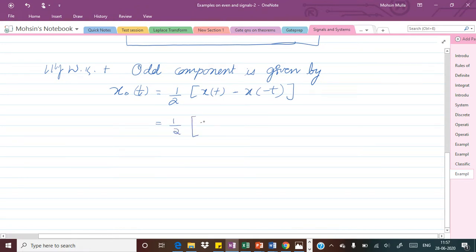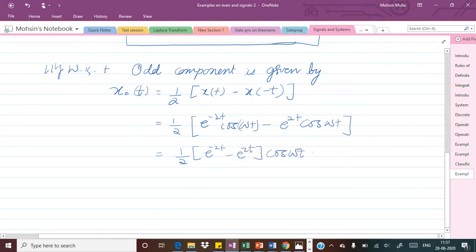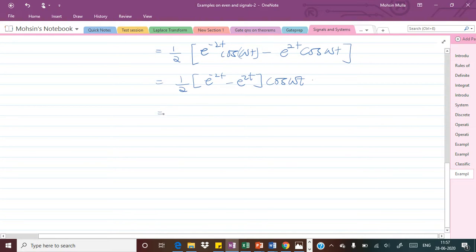X of t is given as e raised to minus 2t cos omega t, then minus e raised to plus 2t cos omega t. So 1 divided by 2 into e raised to minus 2t minus e raised to 2t, into cos omega t, is going to be replaced by the sine hyperbolic function.